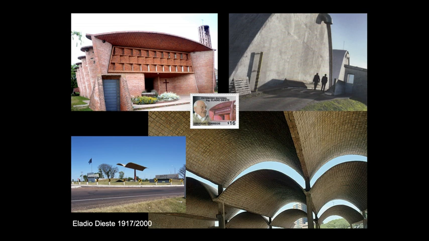But the effect of the bricks inside the formwork is that you also have finished a very nice surface, as you can see it on the church he designed on the image on the top on the left. And there's something else I'd like to show you on this slide.